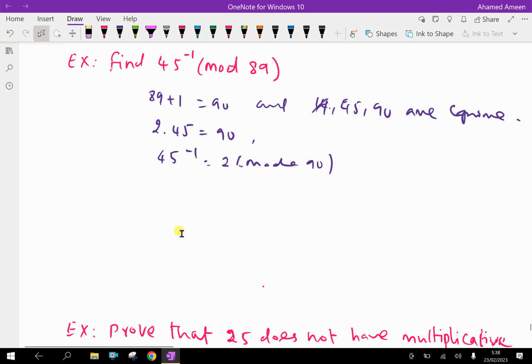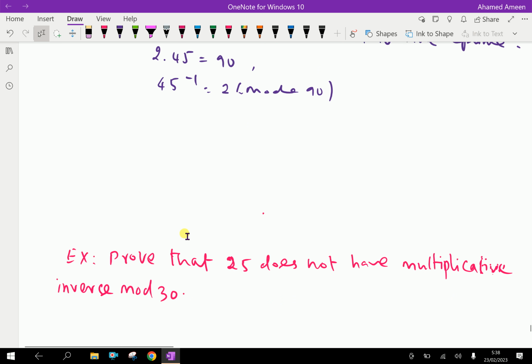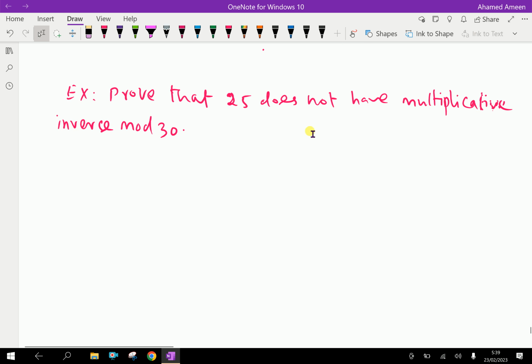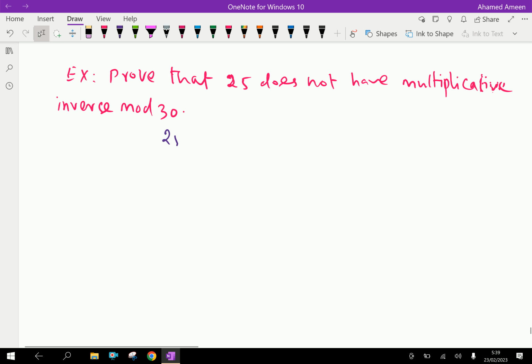Next question, prove that 25 does not have a multiplicative inverse mod 30. Now we can say 25x equals 1 mod 30. For sake of simplicity, we assume 25 has an inverse, but we have to do it by contradiction. Then 25x is congruent to 1 mod 30.